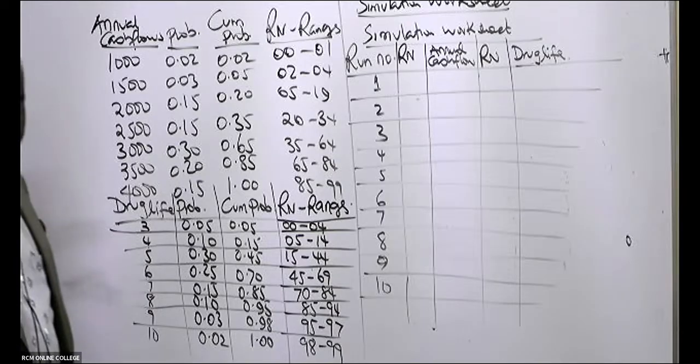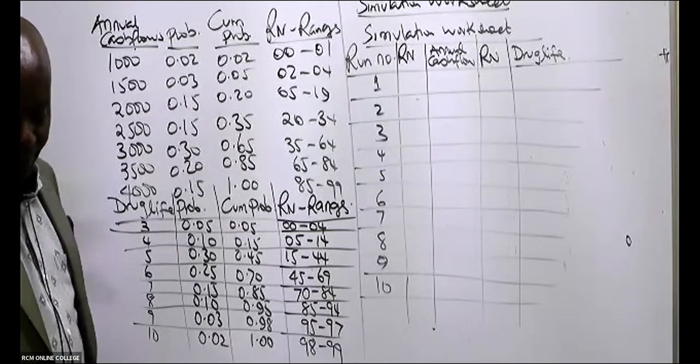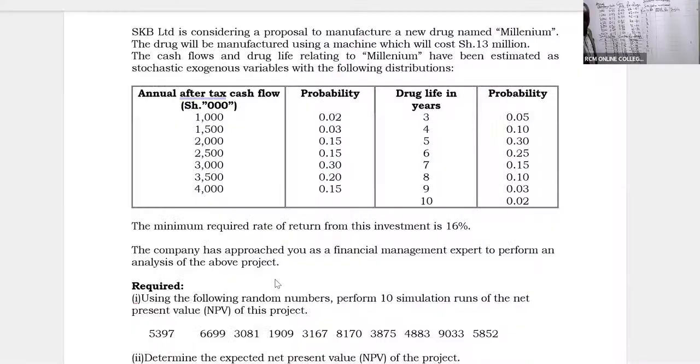All right, so we start. You can see the first random number given there is 53 something. Now you can see it is 5397. This is the number which has been given there.